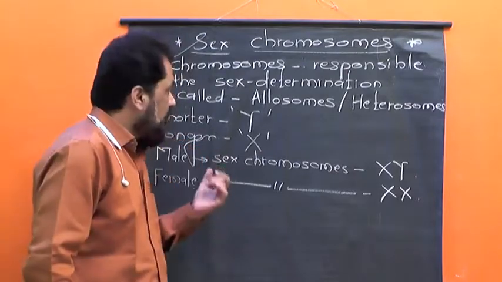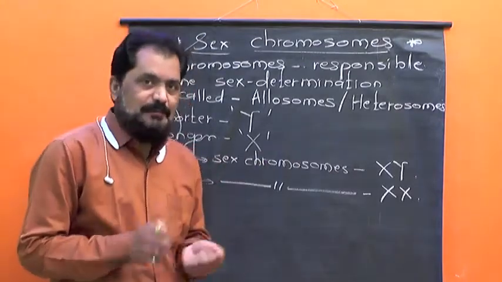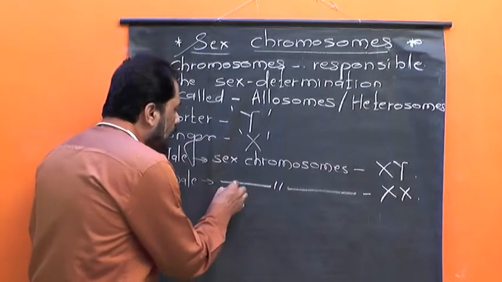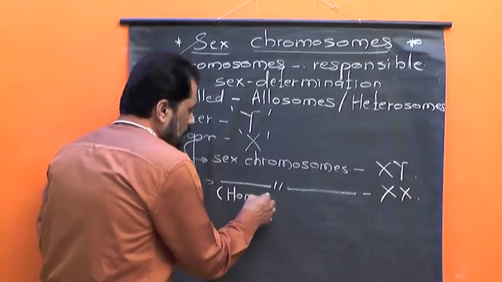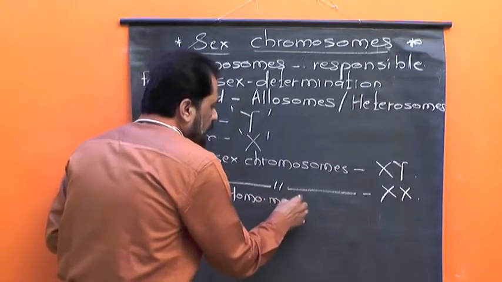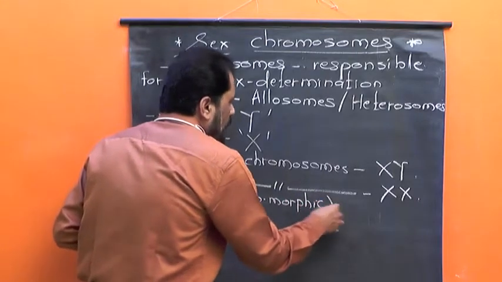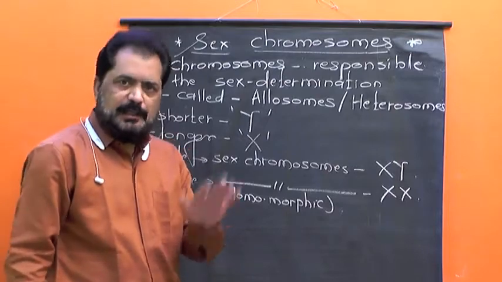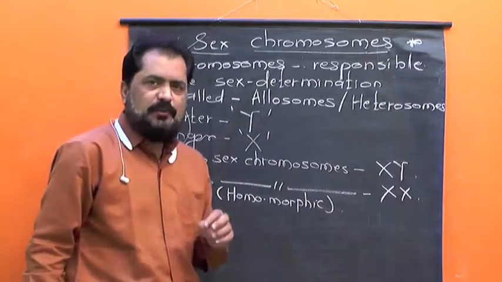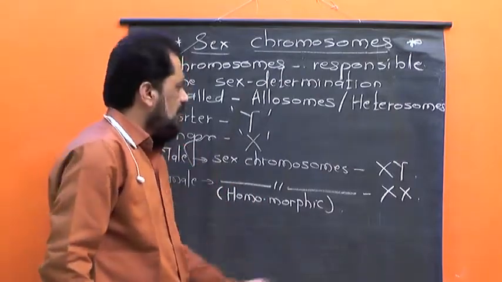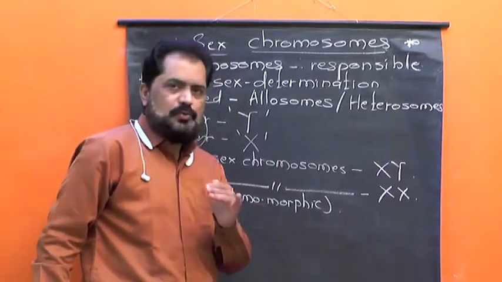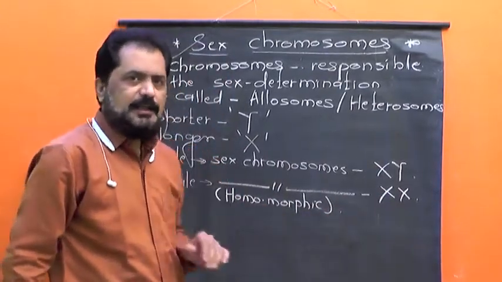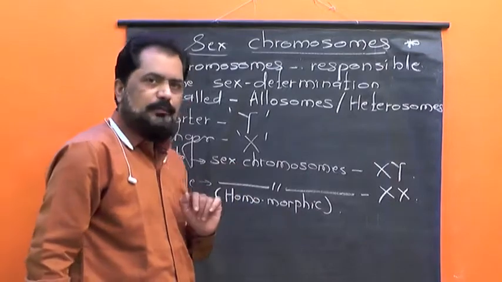That's why the female sex chromosomes may be known as homomorphic sex chromosomes. Homo stands for same, identical. Morphic stands for structure. Means both female sex chromosomes are similar, identical, and hence they are homomorphic.